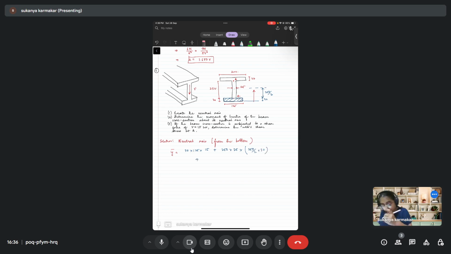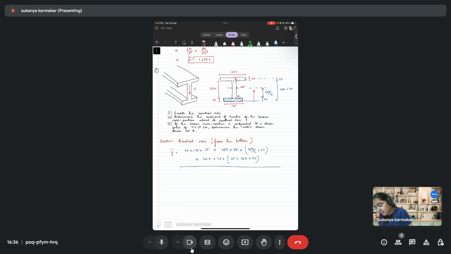Then you have the top flange, which is 200 into 300 into the distance of the centroid, which is this much distance, 15 plus 250 plus 30.